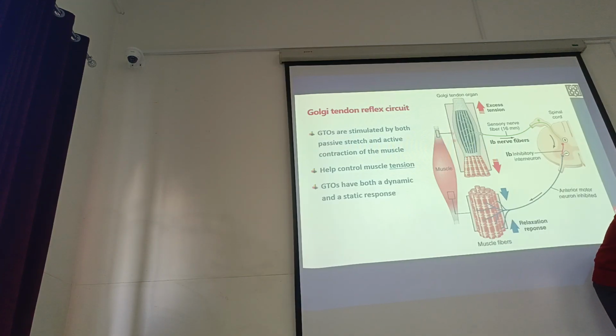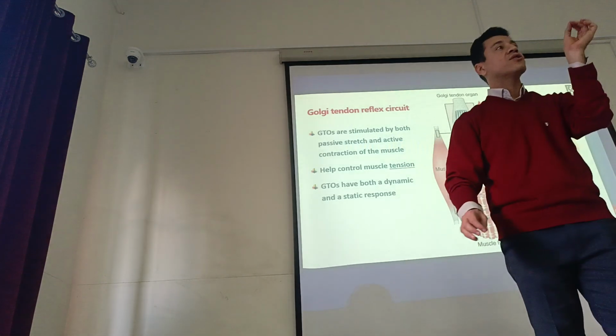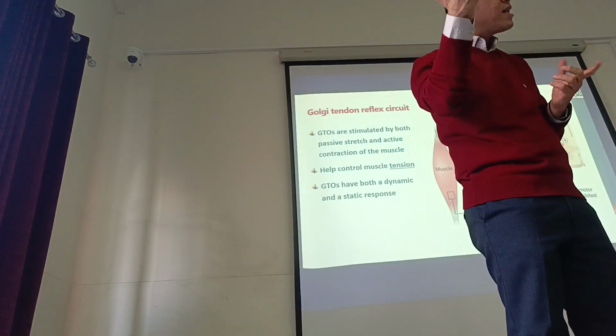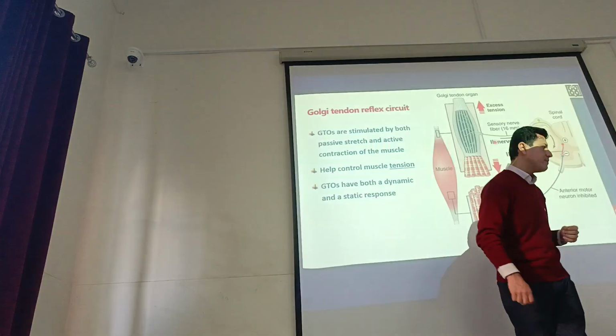So if the muscle contracts, these collagen fibers are tensed, the tips of these nerve fibers are activated, then we'll have action potential that goes to the spinal cord. Through which fiber? 1B, sensory fiber. So remember that for stretch reflex, we have 1A and type 2 sensory fiber, but here we have 1B fiber.